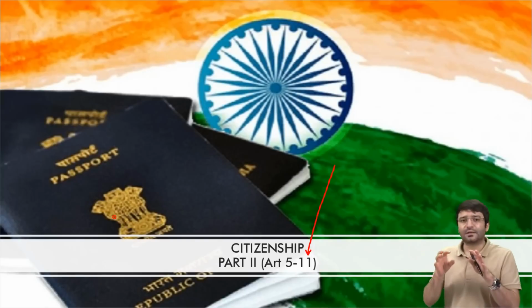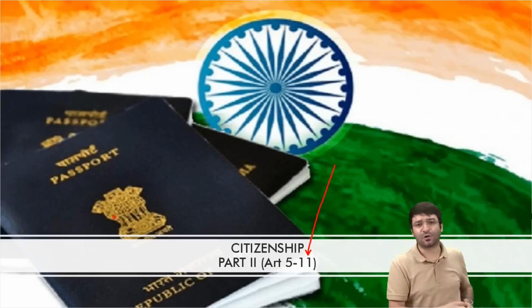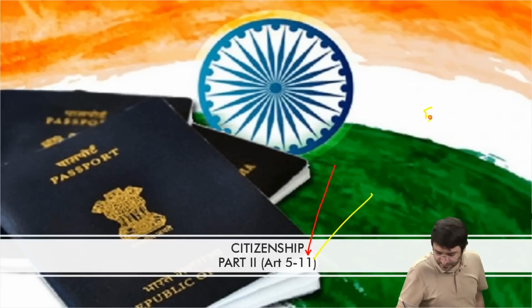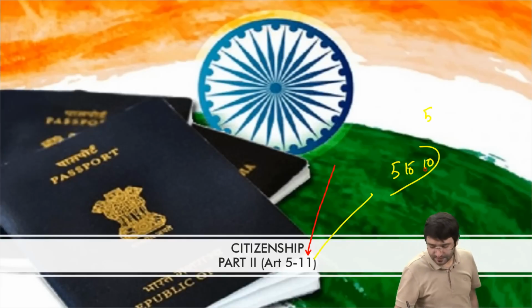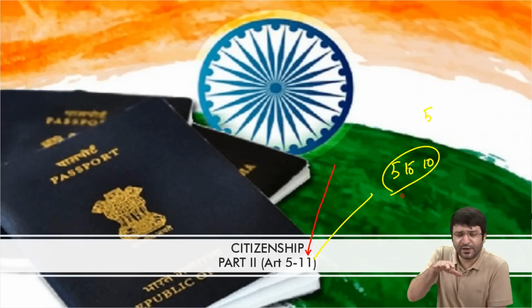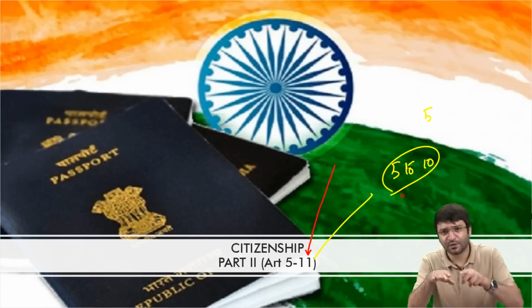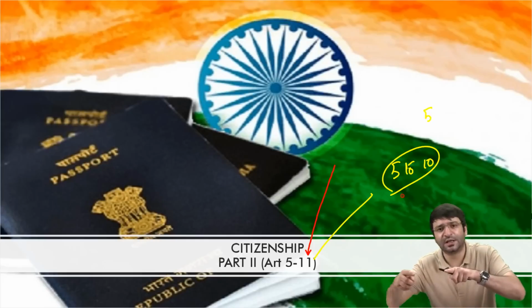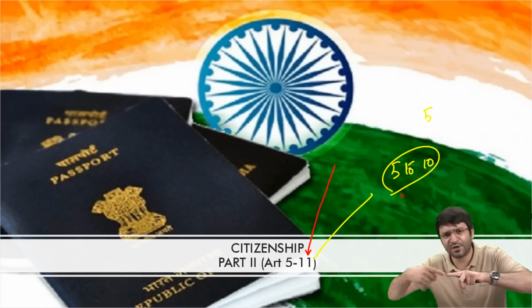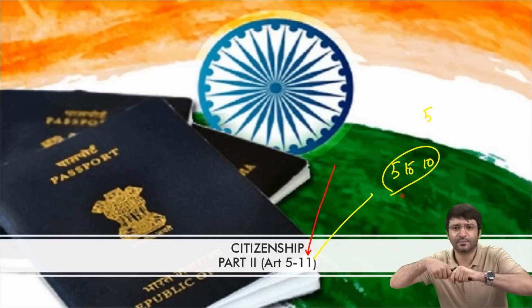But why this chapter is there in the Constitution is because we had to be absolutely sure who are our citizens. That is why Articles 5 to 10 basically deal with who is the citizen of India on 26 January 1950. All those who have stayed in India for the last 5 years continuously, they are the citizens of India.